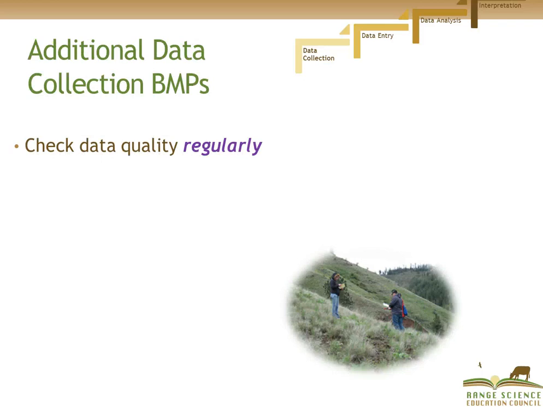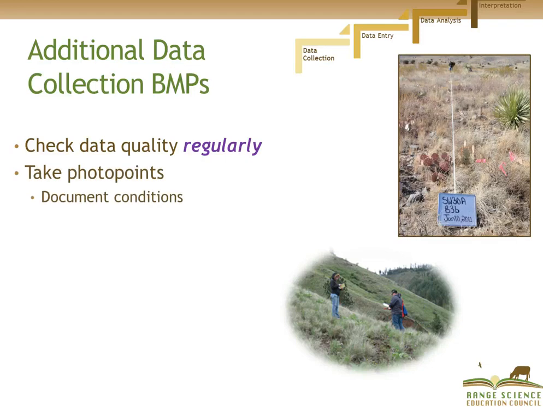There are additional things that we can do to ensure that we can avoid some data collection errors in the field. One is to check the data quality regularly. So to verify between the observer and the recorder which point we're on, or which quadrat or which transect is currently being measured, to have good communication.